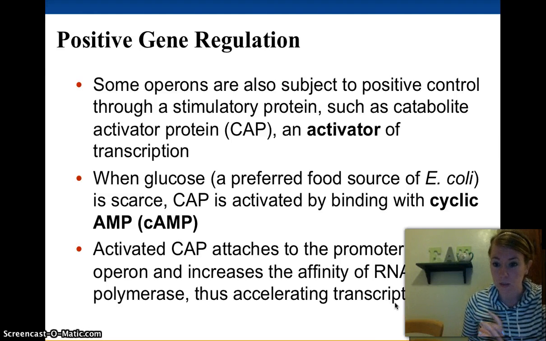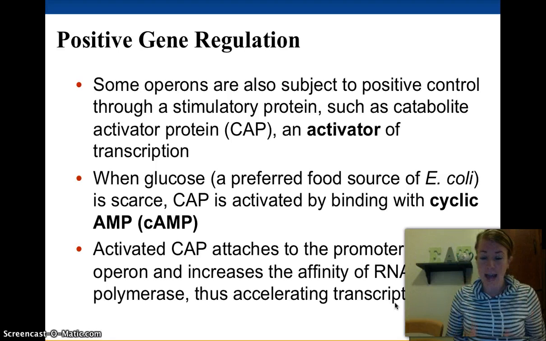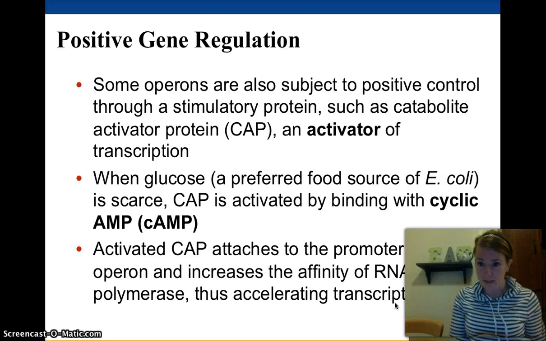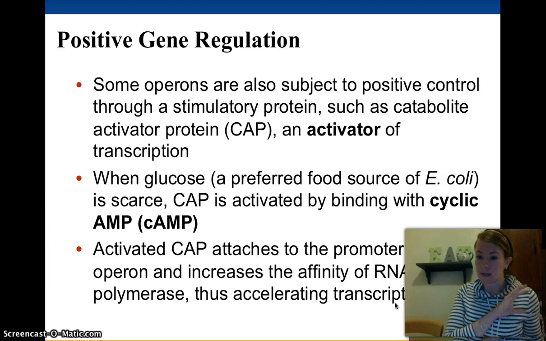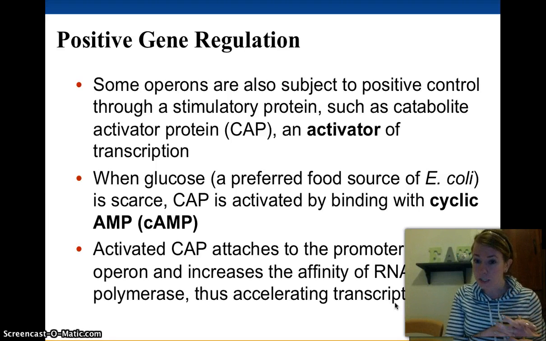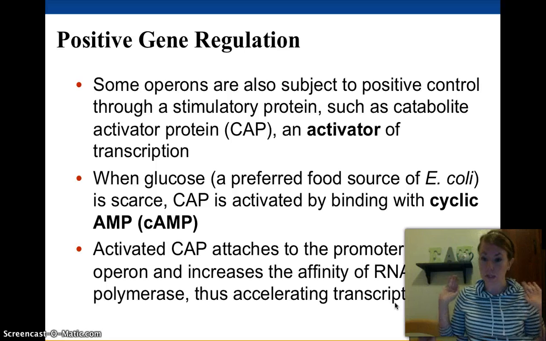Now we're still looking at the Lac Operon, and we're going to talk about something called catabolite activator protein, or CAP. This is an activator of transcription. So this is also about the Lac Operon, which is confusing, but this is going to activate the Lac Operon. Remember that the Lac repressor repressed it. It was negative control. Here's positive control.